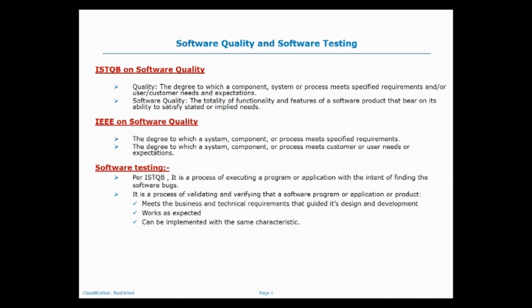All that is listed by the customer or your client, and when your software satisfies all those implied and explicit needs, then your software is of good quality. Is it clear, or do any of you want me to repeat this? Yes, it's clear. Okay, sure.